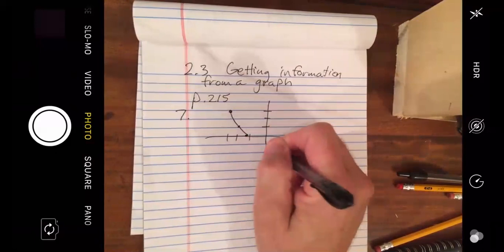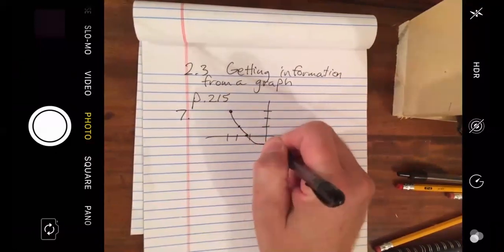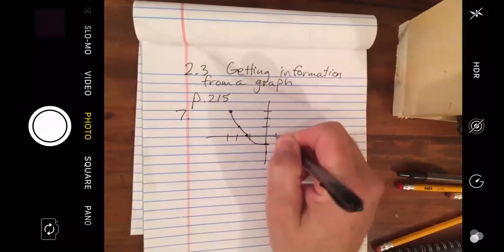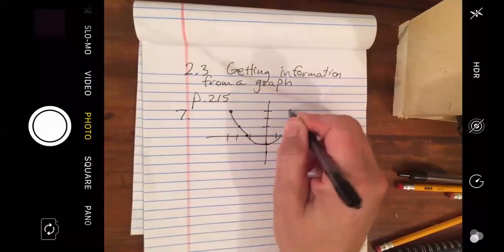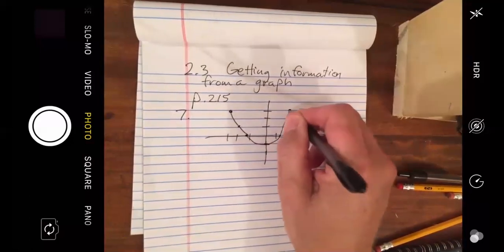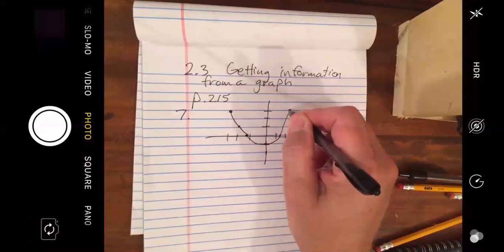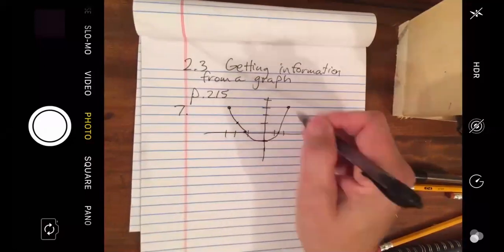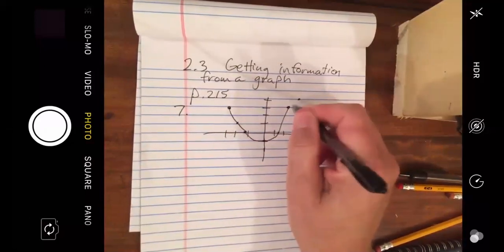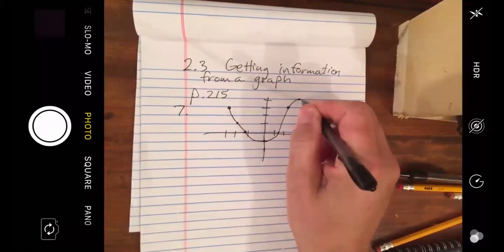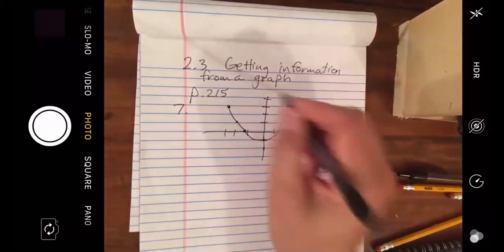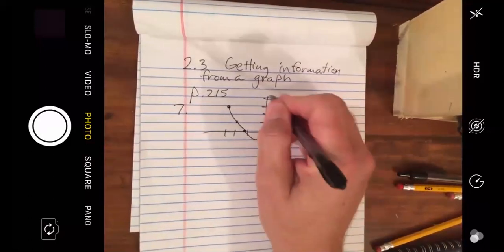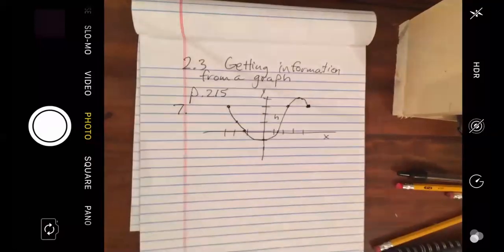Then at 0 it's down at -1, dips, crosses just after 1, and goes up through (2, 3), where it peaks at (3, 4), and then comes down to (4, 3) and ends with a closed circle. They're labeling this H, this is the y-axis, this is the x-axis.